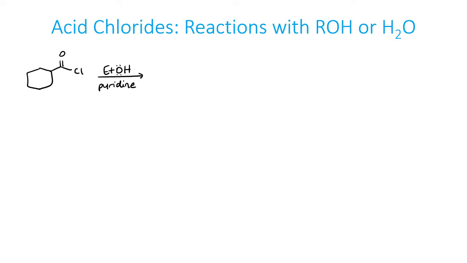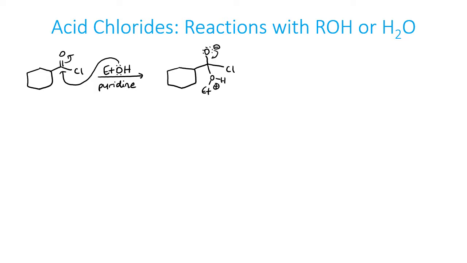So in our first step of the mechanism, the oxygen of the ethanol is going to act as a nucleophile, and it's going to come over and attack the carbonyl carbon, kicking the electrons up onto oxygen. Now, as we saw in the first video, the next step is going to be to reform the carbonyl.